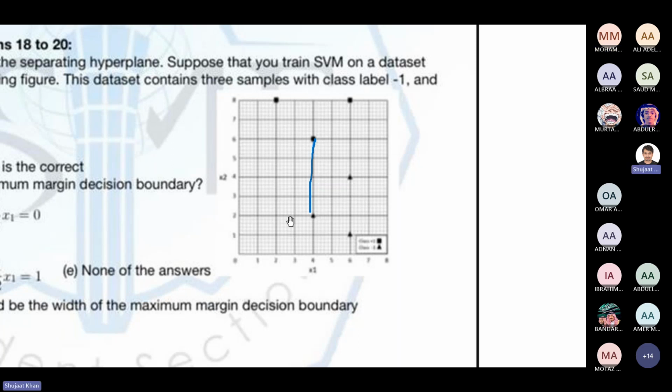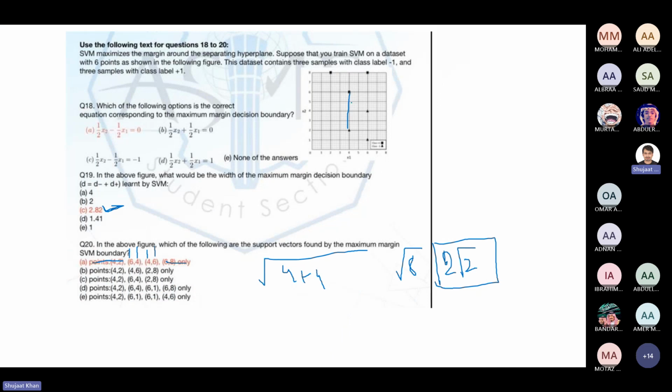So 4 minus 4 is 0, and 2 minus 6 is minus 4, and the square of 4 is 4. So this will give us a margin of 4, compared to 2.8 something. You can clearly see that this one gives a very large margin compared to the other. The smallest distance defines the support vector.